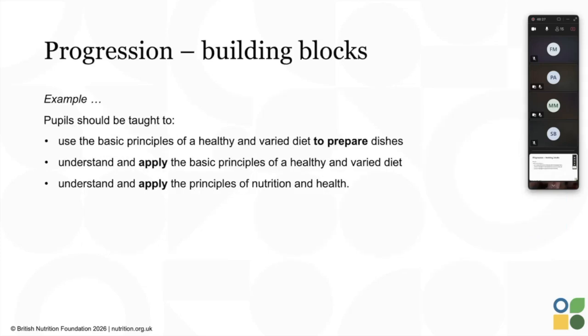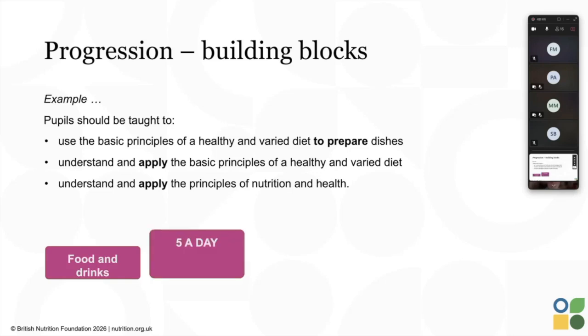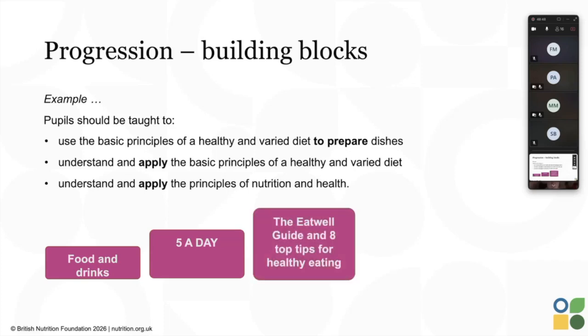So what we've been trying to do is to build these progression building blocks for you throughout. For example, if this is what pupils should be taught from the national curriculum, what we've tried to do is to have these stepping stones. We start with knowing that there are food and drinks. We've got aspects to do with healthy eating, like 5 a day, for example. We've then introduced more concepts about the Eat Well guide and the 8 tips for healthy eating.